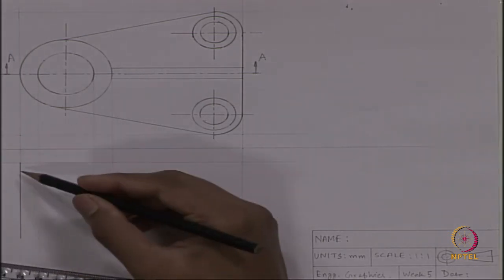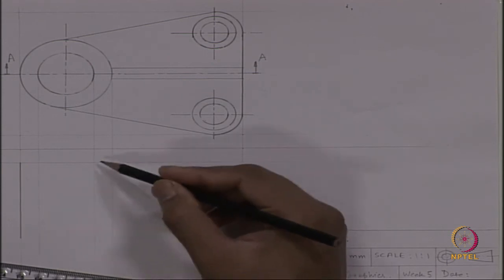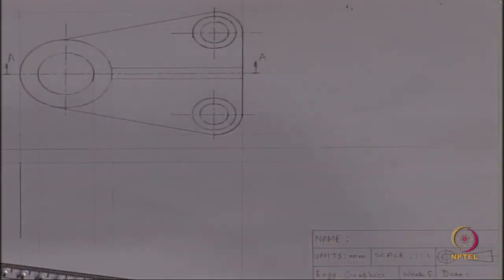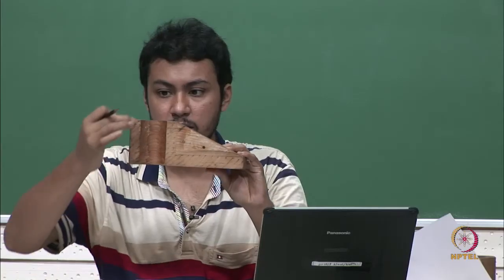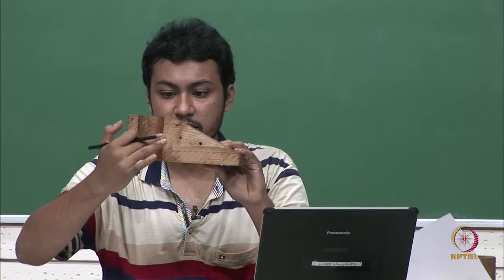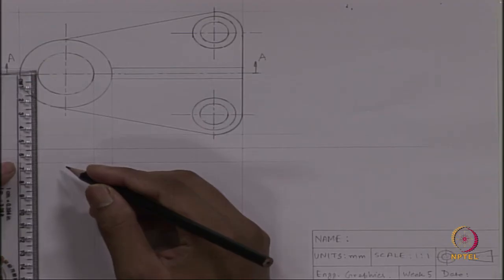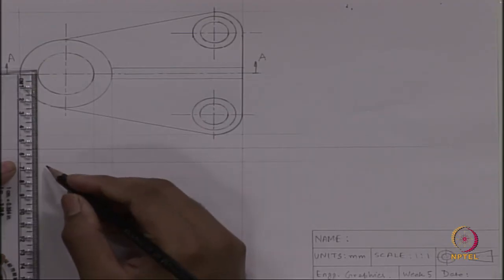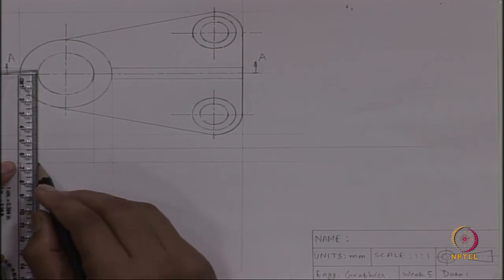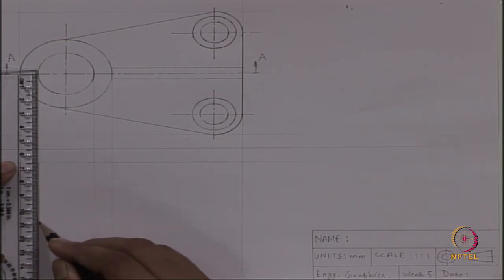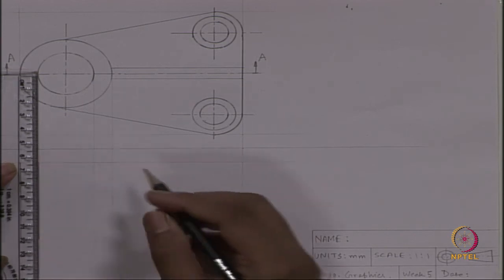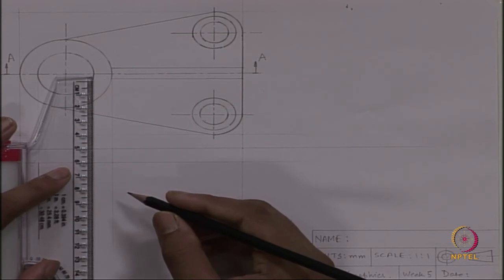So, these are the side lines of the sectioned part that we have to draw. This line we will draw, this line we will draw, this line also we will draw. This line will also have a length of 55. Similarly, this also.